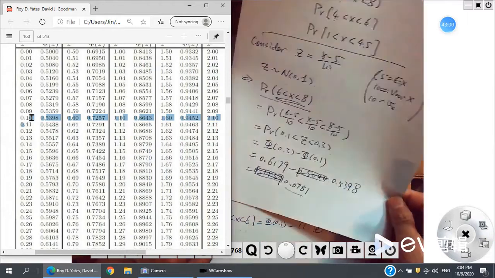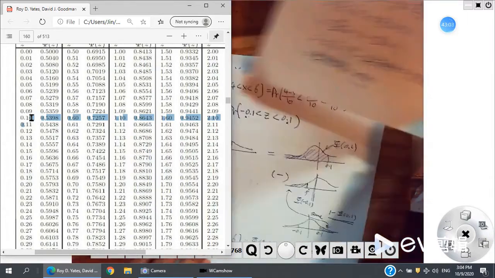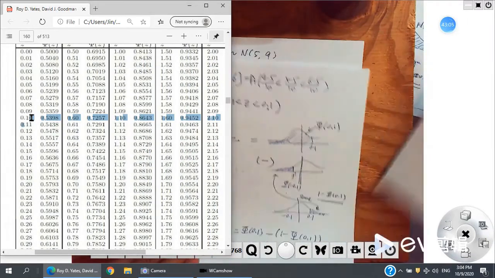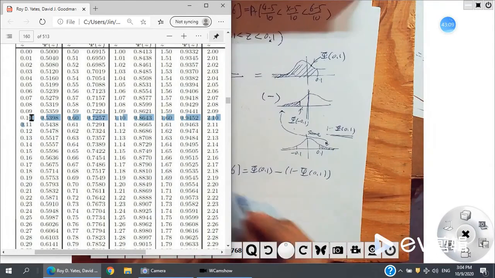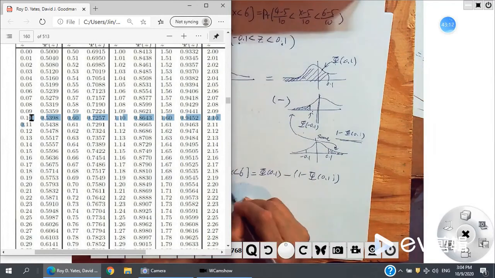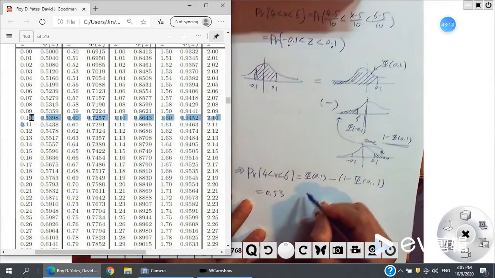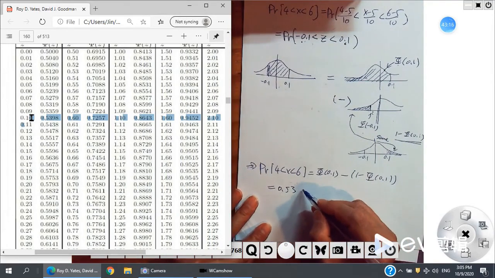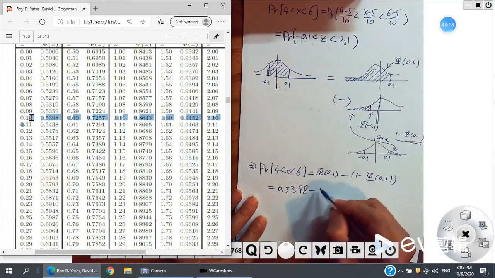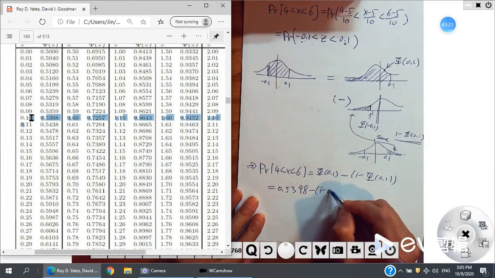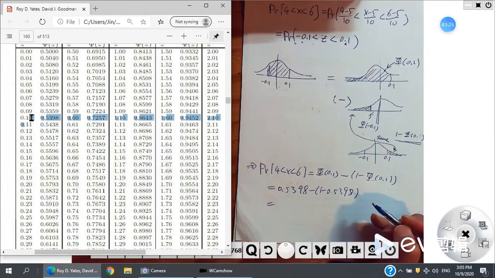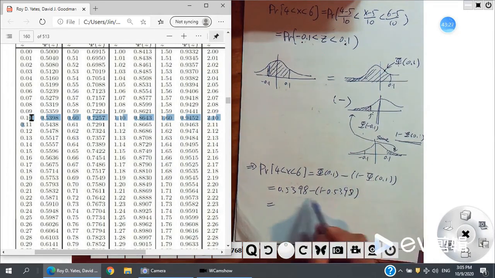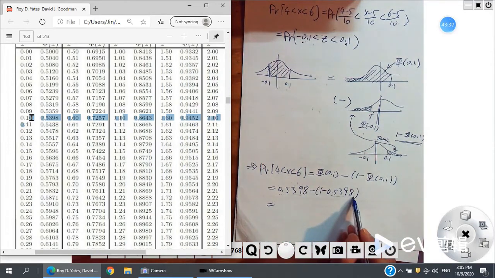Okay, and then now this is 0.5398 minus 1 minus 0.5398. Okay, this minus should be plus, right? So this one plus this one, then minus 1.